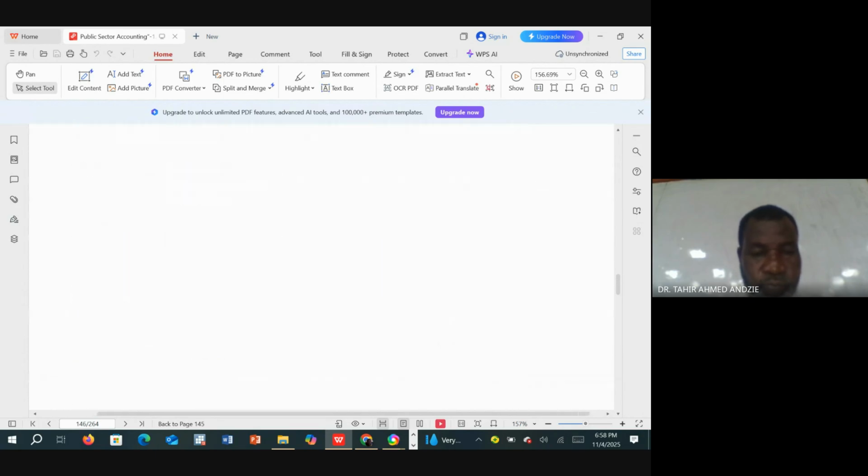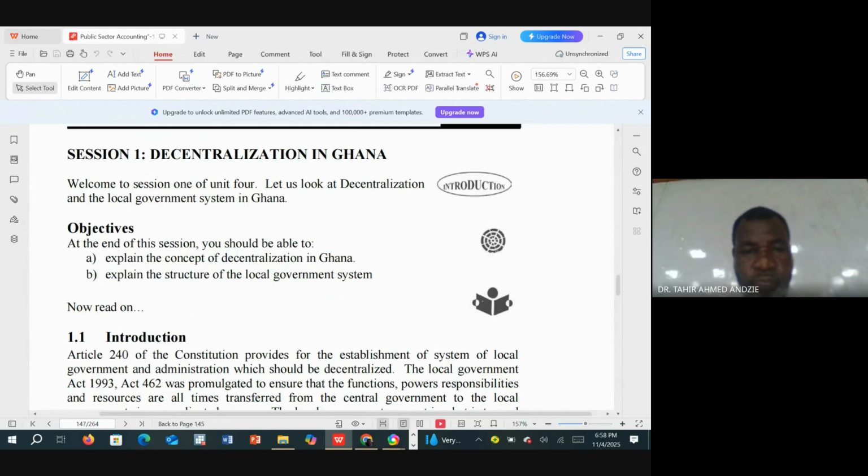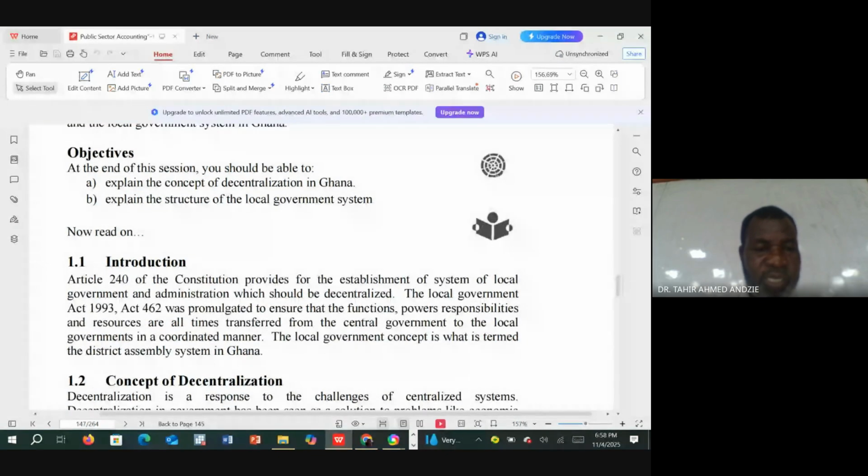Right. So when we say decentralization in Ghana, what does it mean? By way of introduction, we say that Article 240 of the 1992 Constitution provides for the establishment of a system of local government and administration, which should be decentralized. So the central government, the state government, that is the president, his cabinet, and these things, they are the central government.